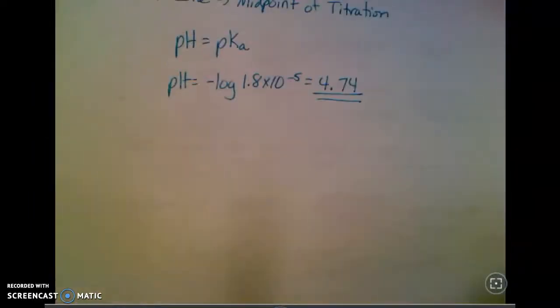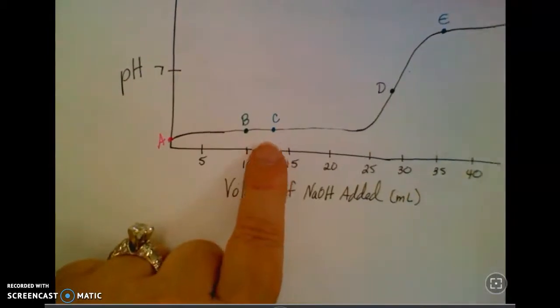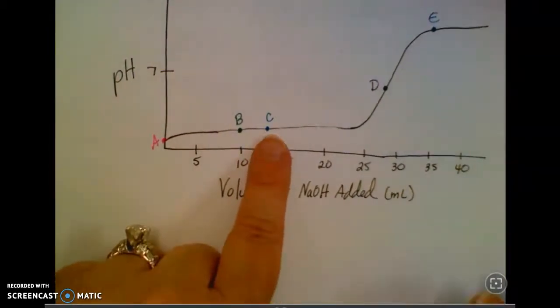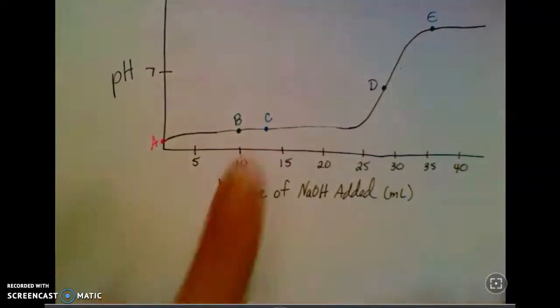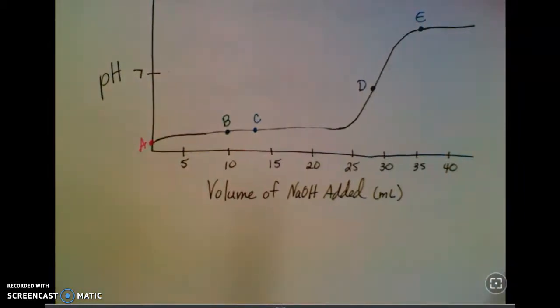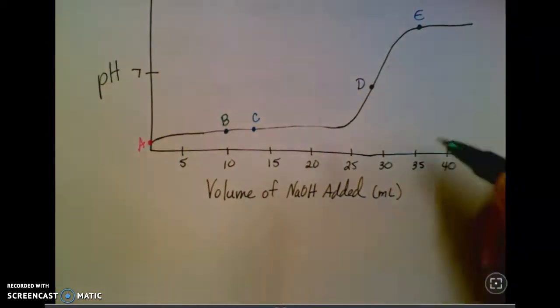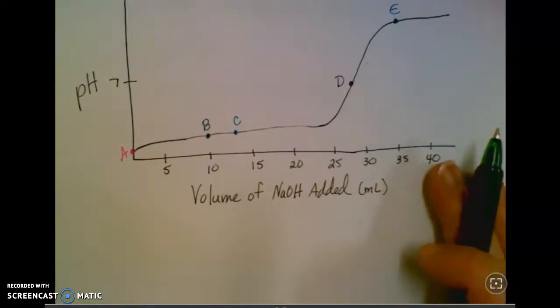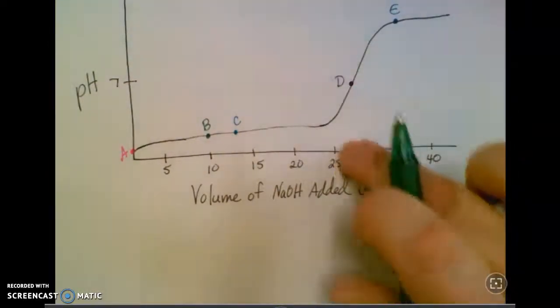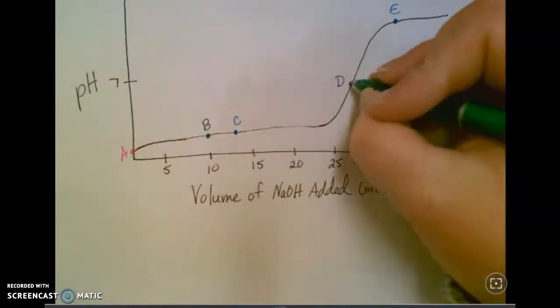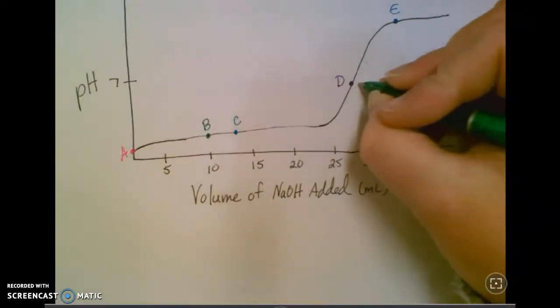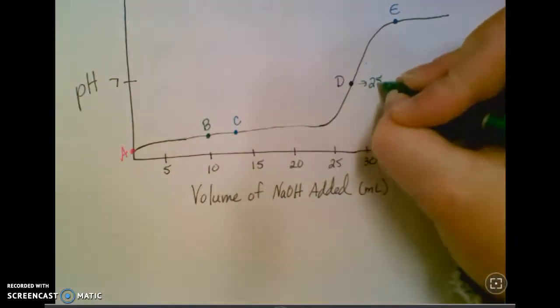Now, the second point that we had in that buffer zone was at 12.5. And this is not asked about in the book, but I added this one in here because this is sort of a special case along the way. If I look at this titration overall, the equivalence point is at 25 milliliters.